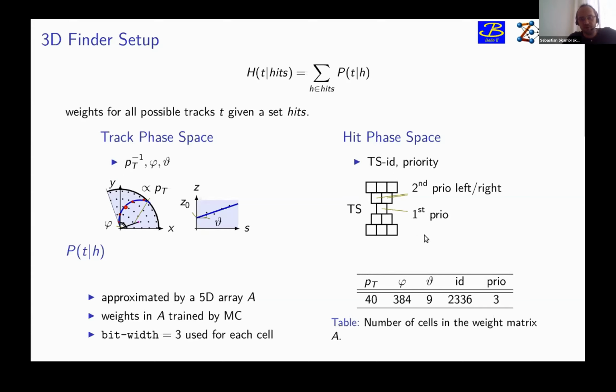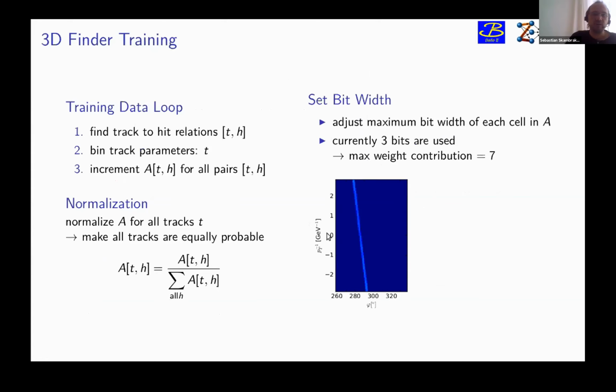This is the ID of a track segment and the position of the priority wire. This can either be the central one or one of the 2 wires above. And this 5-dimensional array is then trained using Monte Carlo data. This I will show you on the next slide.